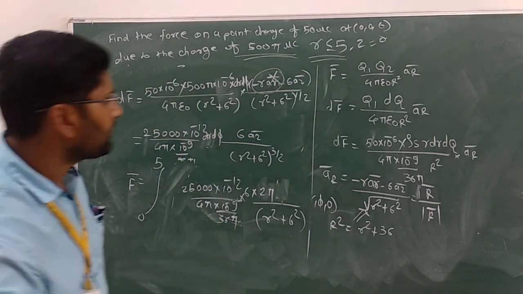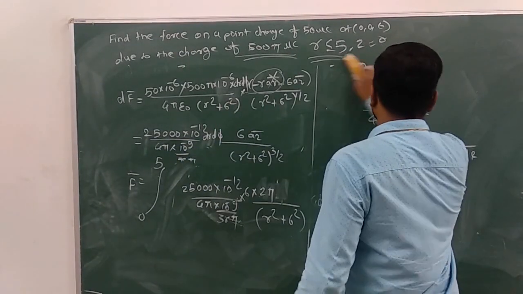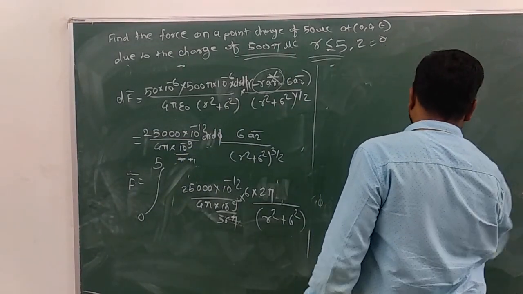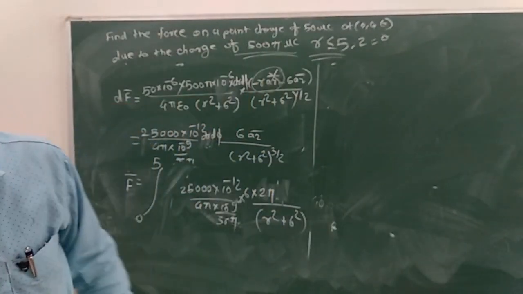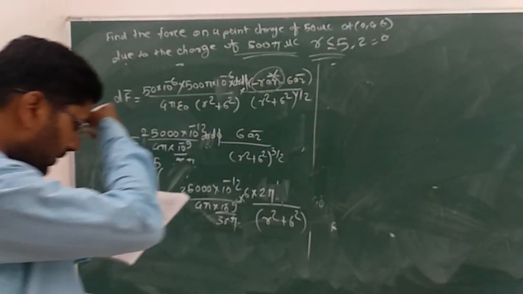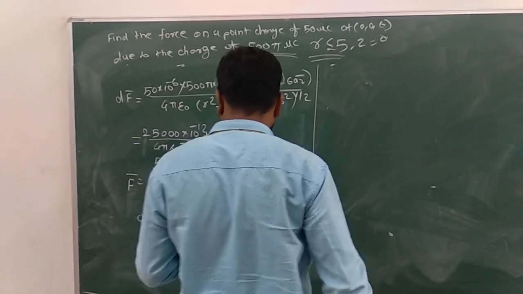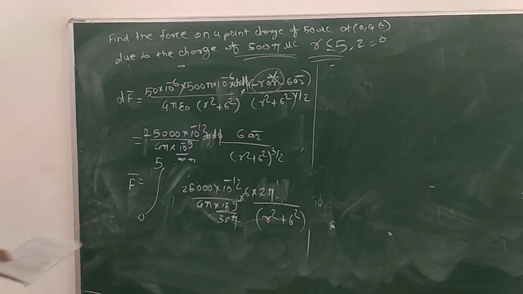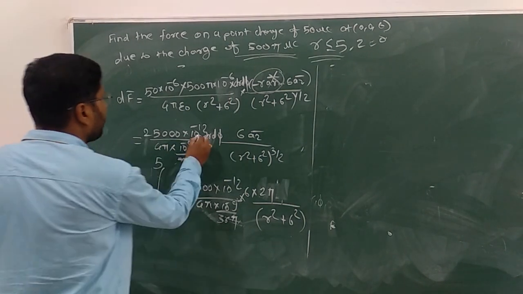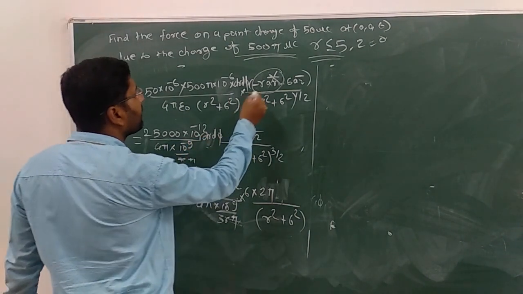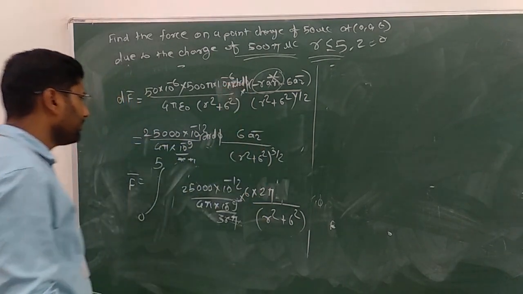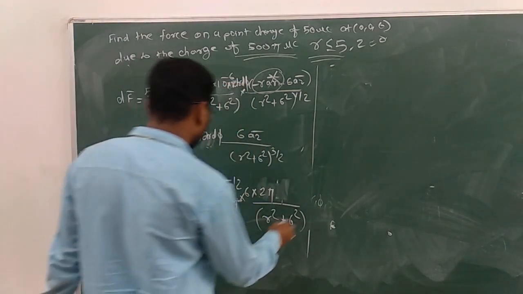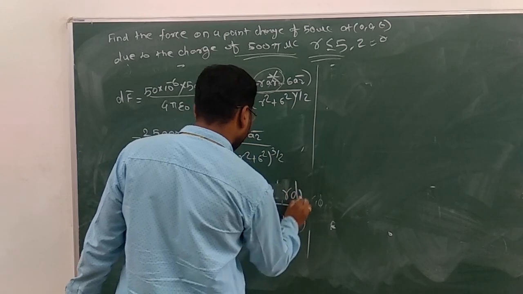So check this calculation. r dr d phi, we are going to write here r dr.